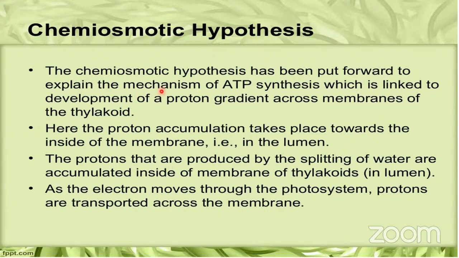Here the proton accumulation takes place towards the inside of the membrane, that is in the lumen. The protons produced by splitting of water are accumulated inside the membrane of thylakoids. As the electrons move through the photosystem, protons are transported across the membrane.